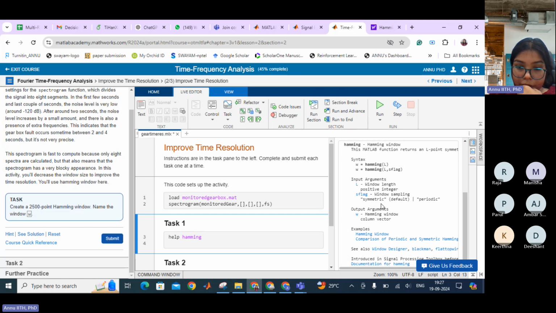Now the Hamming window, fine. So how to create it, I was just getting that. Okay, that's true.